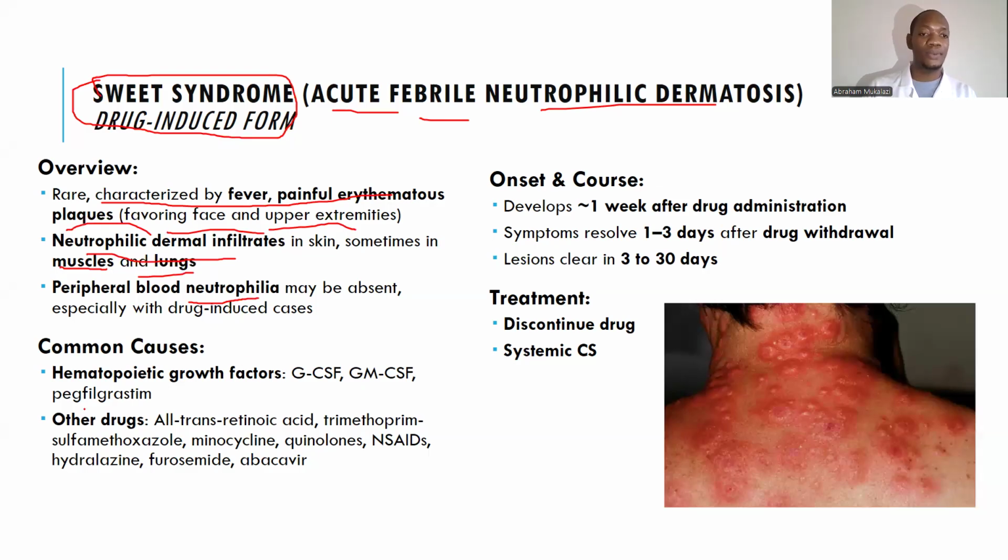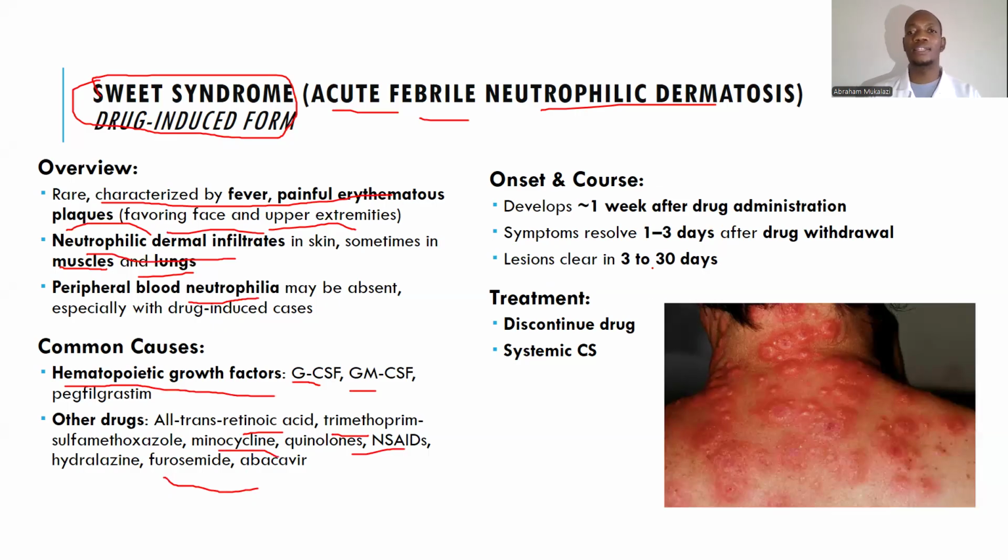So the common causes, we have hematopoietic growth factors, which includes the granulocyte colony-stimulating factor, and then the granulocyte-monocyte colony-stimulating factor. And the drugs that have been associated with these Sweet-like eruptions include the retinoic acid, the ceftriaxone, minocycline, NSAIDs, and then furosemide, together with hydralazine.